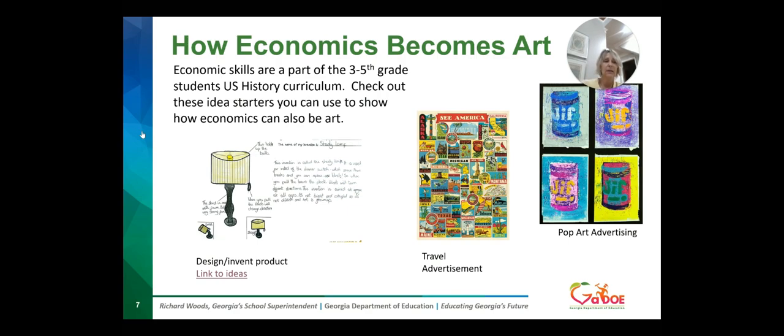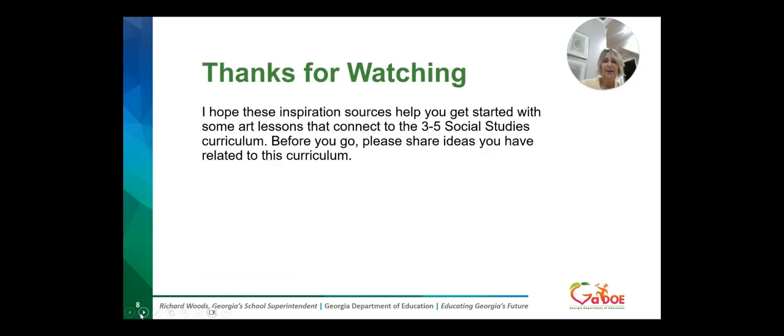You can talk about the technology and the advancements that were happening then, and have the kids perhaps predict the future and what that technology will bring. All right, so hopefully that will get those creative juices flowing for you guys. Get these ideas out there and see what you can do to connect your art room with the social studies unit.